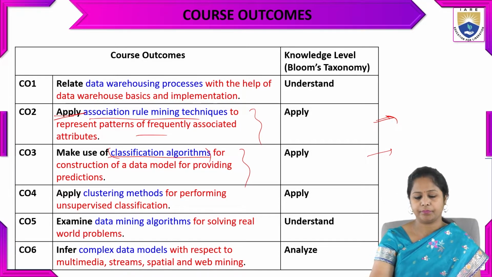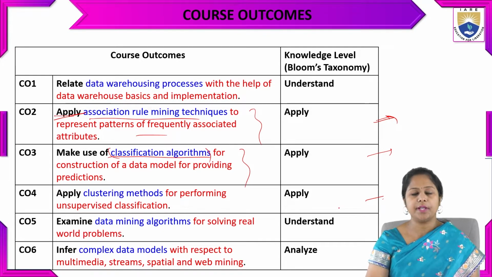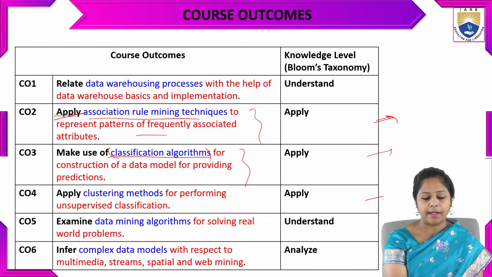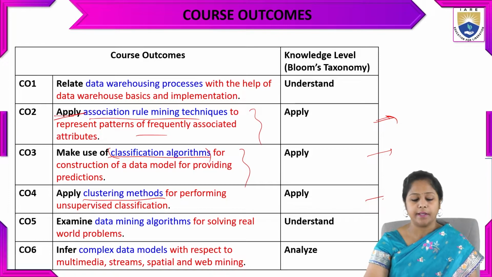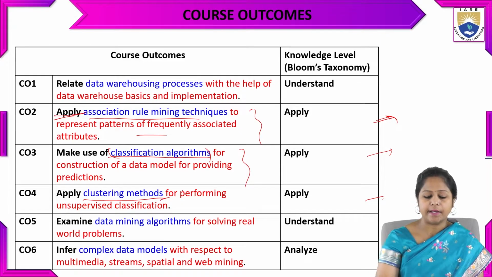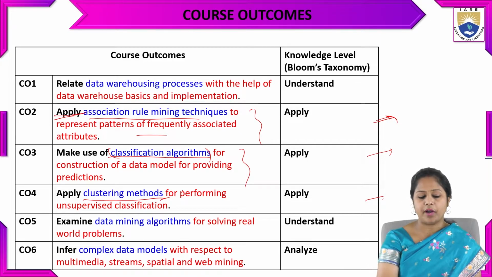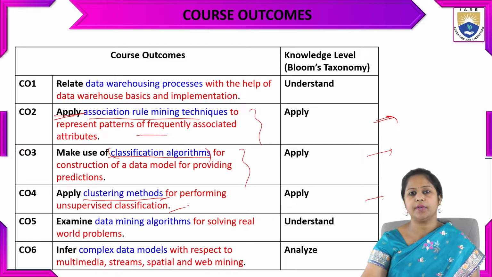At the 4th course outcome, the student is going to apply clustering methods. He will be able to cluster different databases. So he is going to apply clustering methods for performing unsupervised classification.